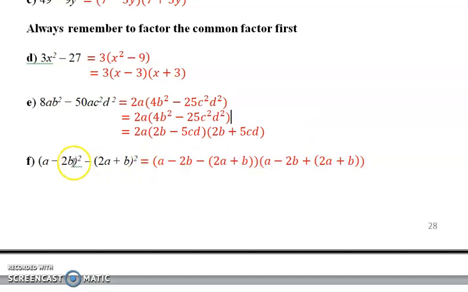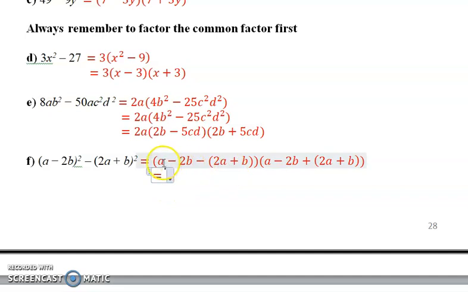So this minus this is one factor, and then this plus this is the other, right? There's a couple ways you can approach that question. Then you can simplify if you wish.